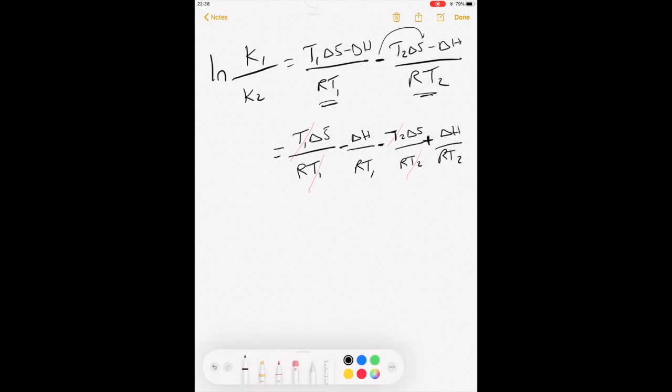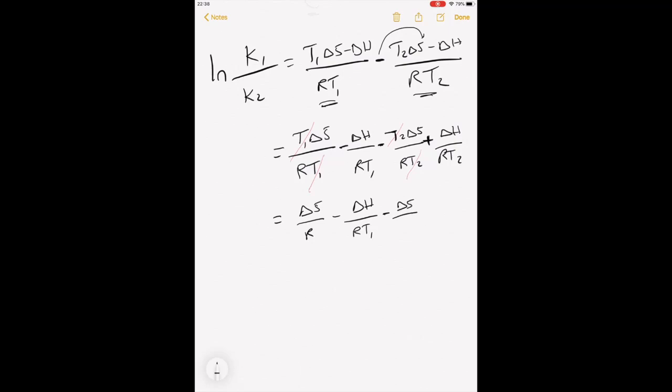Now let's see what happened. So we got delta S over R minus delta H over RT1 minus delta S over R plus delta H over RT2. Now we can also get rid of some parts here. So if you look, those can cancel each other. So this goes with that, and then we can simplify further.